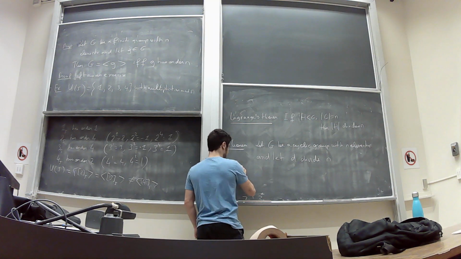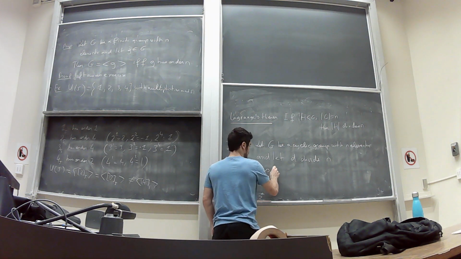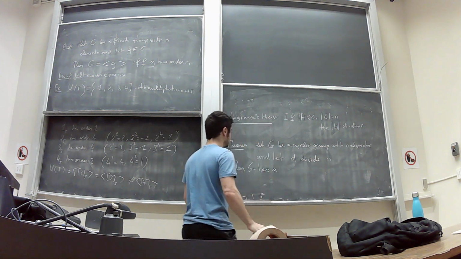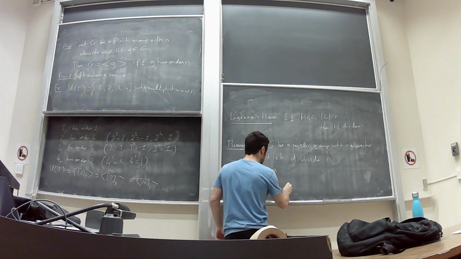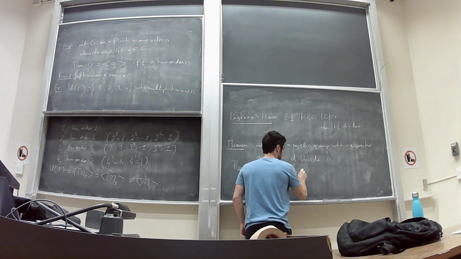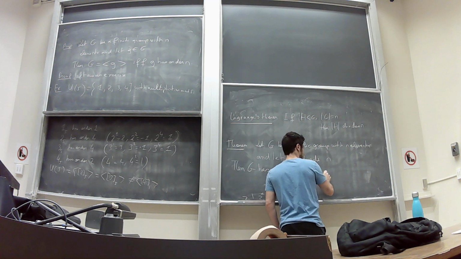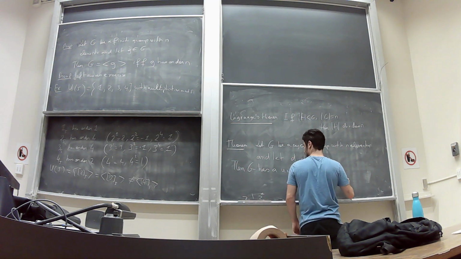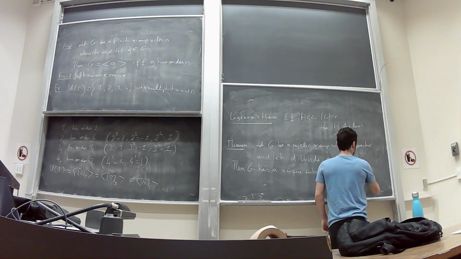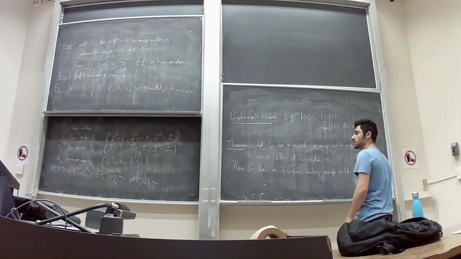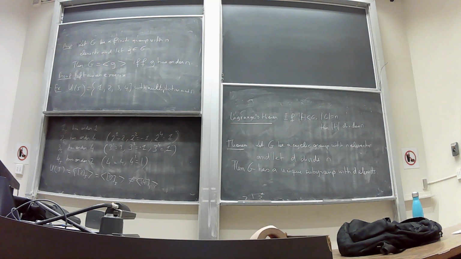Then G has a unique subgroup with d elements. Usually this is not in the book. And it's so nice that it tells you what the generator is.